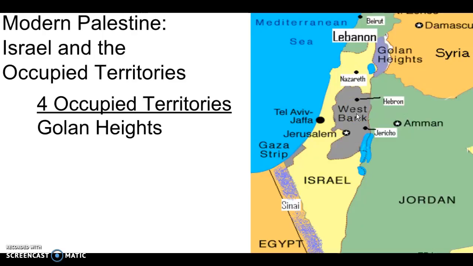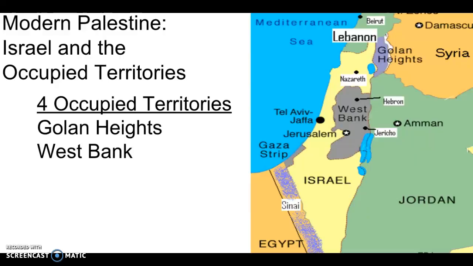The Golan Heights was originally part of Syria. It was occupied by Israel in one of its wars of independence. The West Bank was originally part of Jordan, and again was annexed by Israel in one of its wars of independence. Sometimes Israel did a preemptive attack on an enemy.